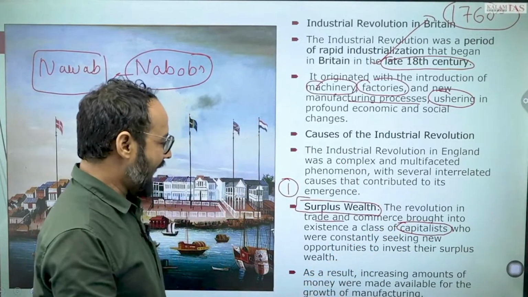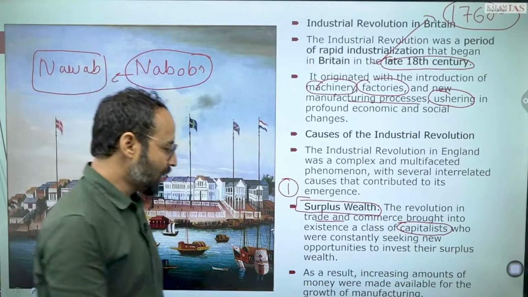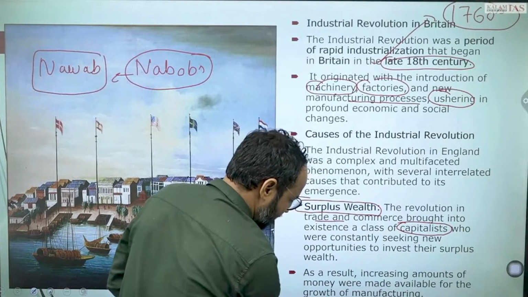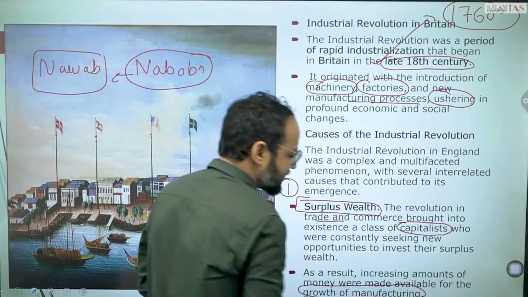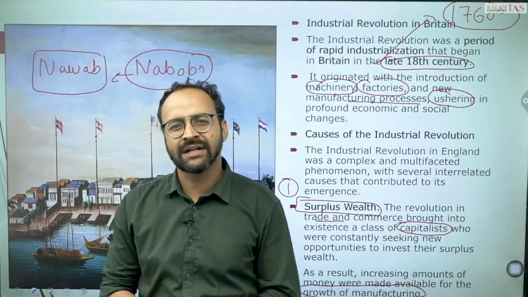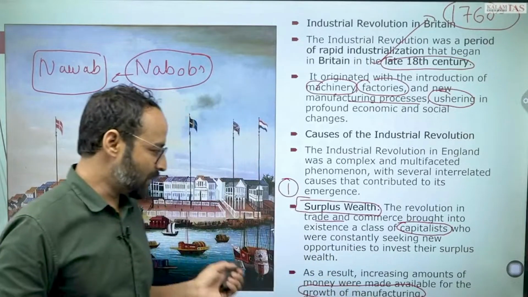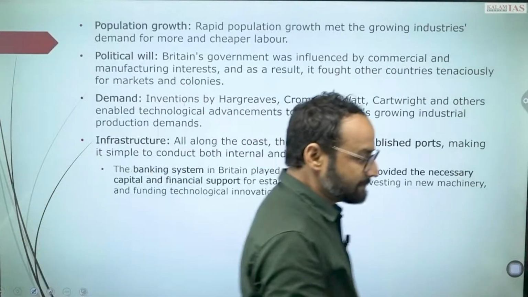Still we do that. As a result, increasing amounts of money were made available for growth of manufacturing. If somebody is starting up his manufacturing unit, he needs money for startup. We call it angel investors nowadays, but back then it was the capitalist class.